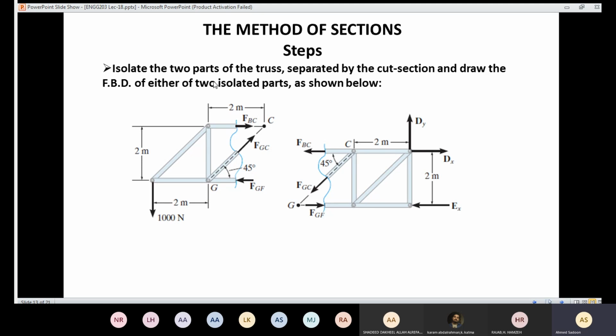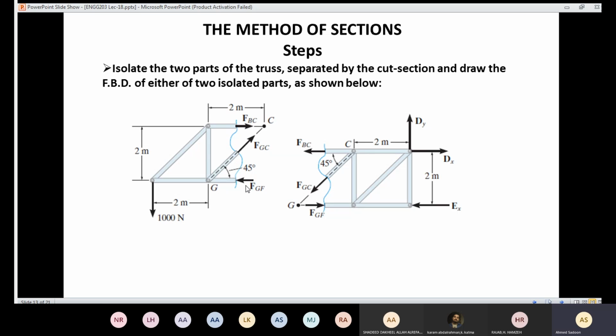So I need to isolate the two parts of the truss, separated by the cut section. We cut here, and then we need to draw the free body diagram for the left part and for the right part. Like I said, in the truss, we are going to have only normal force, no shear force, no moment.